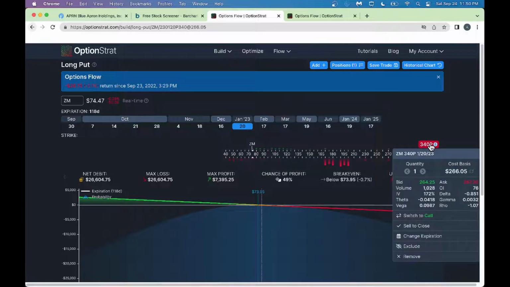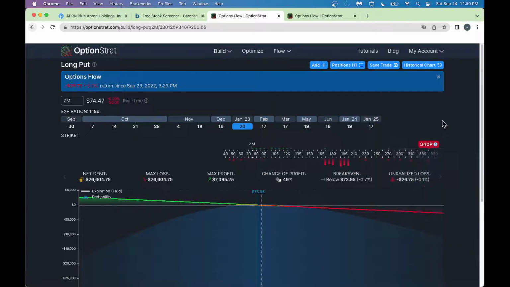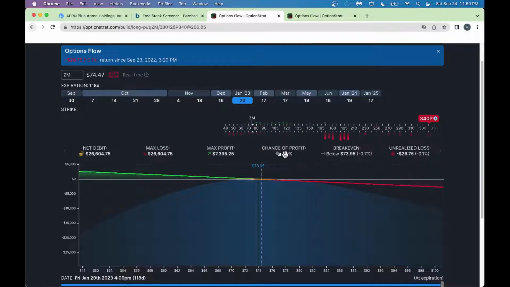Look, somebody's buying a put option at 340 here, which is far out. And look, chance of profitability is 49%. They're paying some nice money here, $26,000 just for one trade here, because it's deep in the money in the put language here.